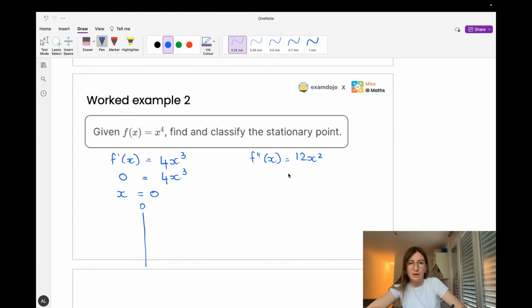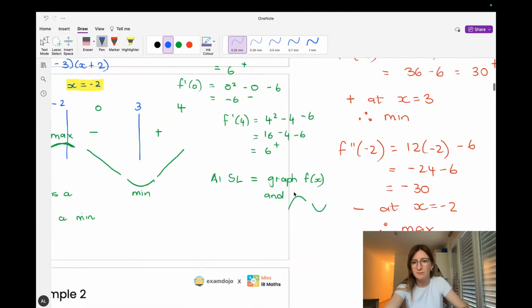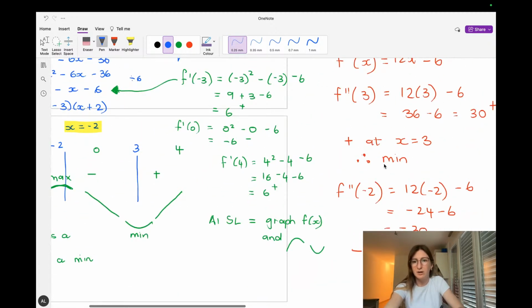And now what I would do in this case is I have that value, x equals 0. So I'm going to put it into my second derivative. That gives me 0. And that's neither positive nor negative. And remember what we needed here when we substituted. If it was positive, we got a minimum. If it was negative, we got a maximum.